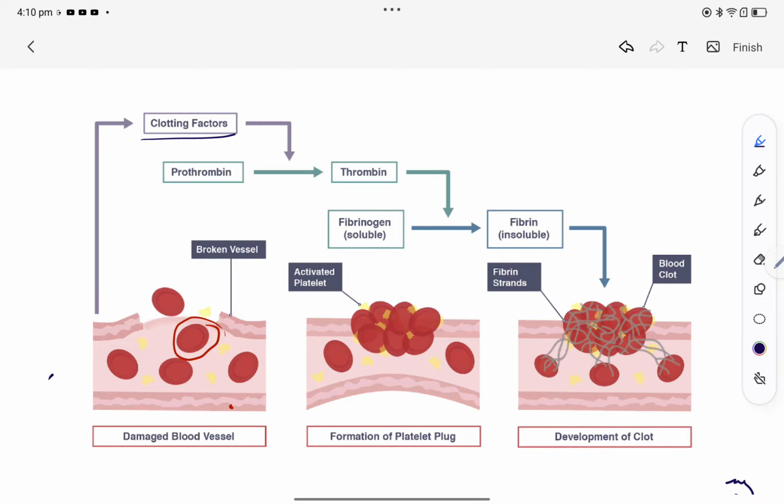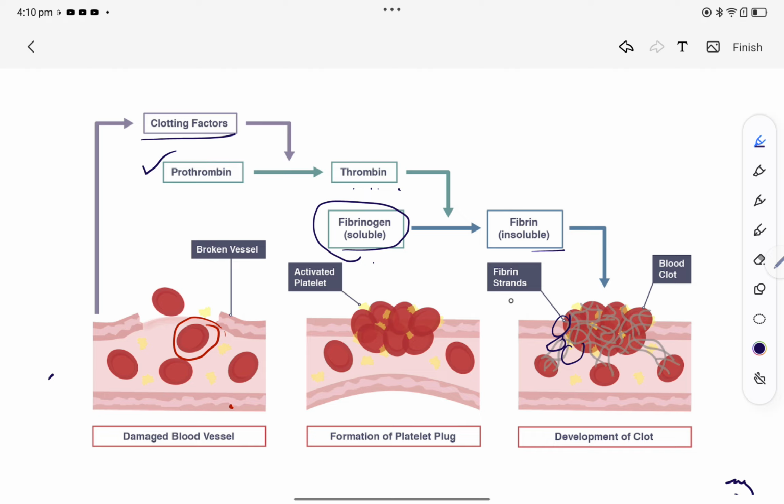They convert prothrombin to thrombin, which is an enzymatically active compound. Thrombin converts soluble fibrinogen, which is already present in blood, to insoluble fibrin, right? And fibrin forms a fine mesh-like structure. You see, these are the fibrin strands.